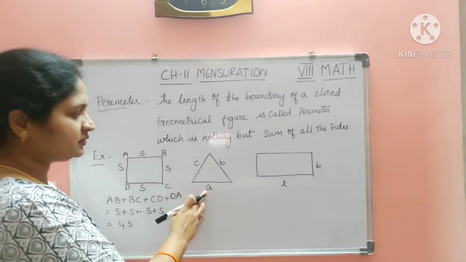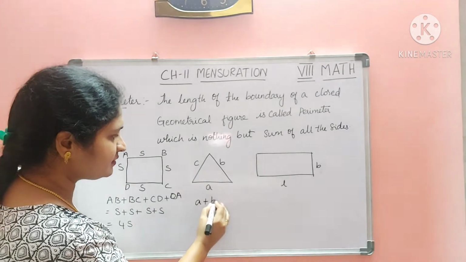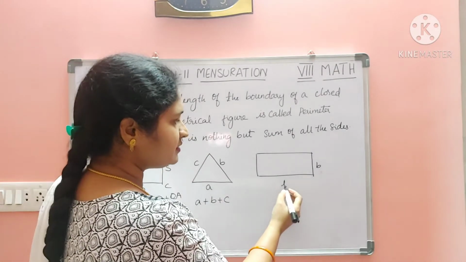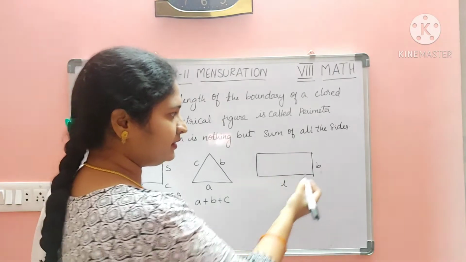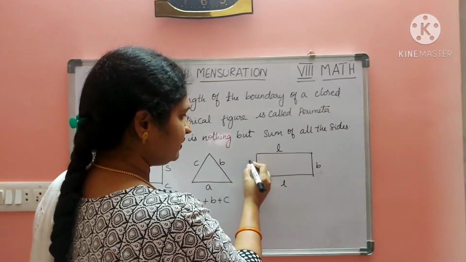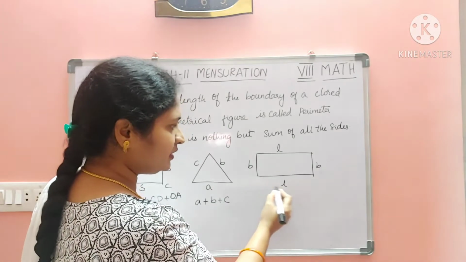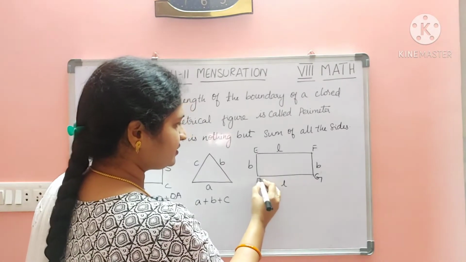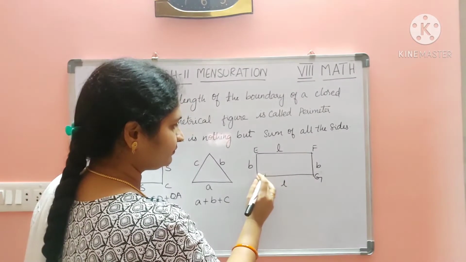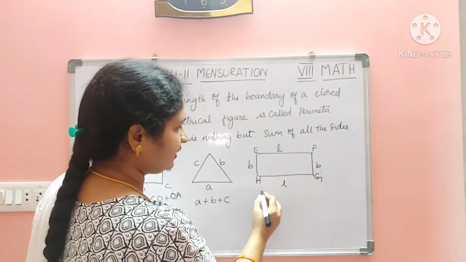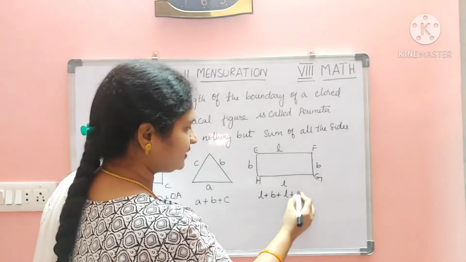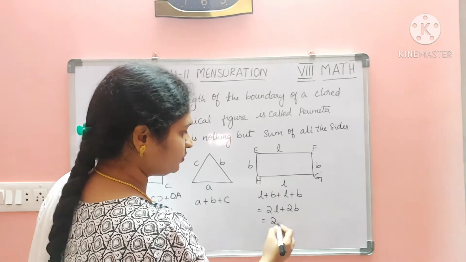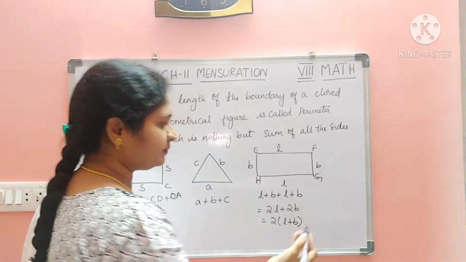Now coming to the triangle, A plus B plus C. Coming to the rectangle, since opposite sides are equal and parallel, this one will become L and this one will become B. So the perimeter of the rectangle EFGH is L plus B plus L plus B, which is 2L plus 2B, which is equal to 2 into (L plus B).